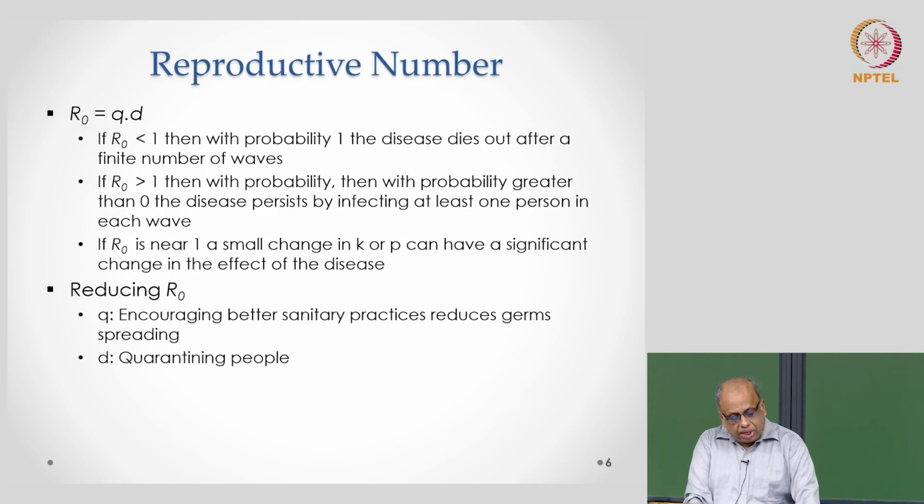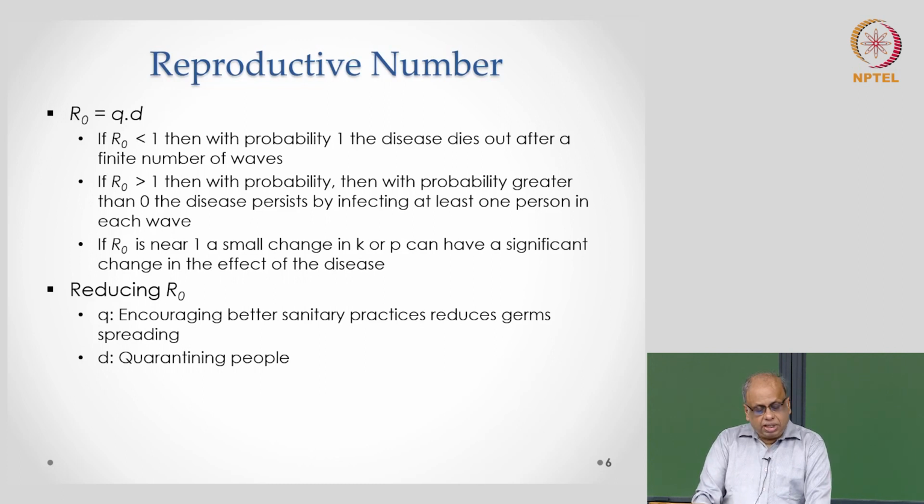And if it is near 1, a small change in K can have a significant change in the effect of the disease. So you will see that the statisticians were talking about the reproductive number. They were saying that for some cities the reproductive number is becoming much higher than 1, and they were getting concerned. So this number is a very important number in the study of the disease.